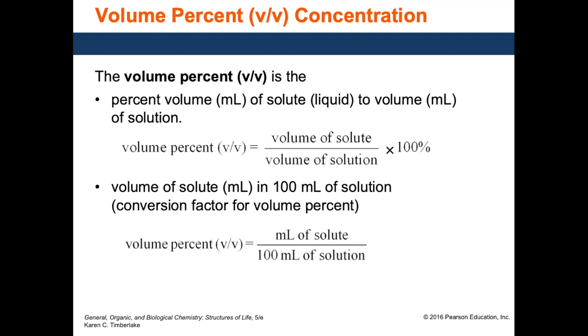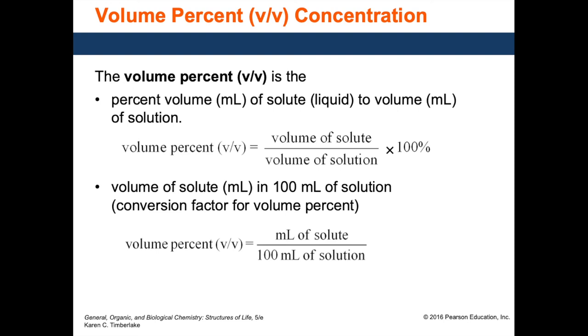Now, in both the cases of mass and volume percentages, it actually doesn't matter what units we use for our mass or volume. For mass, we can use kilograms, we can use grams. If you really wanted to, you could even use non-metric units like ounces or pounds. Likewise, for percentage by volume, we can use milliliters, we can use liters, we could use non-metric units like ounces or gallons, whatever other English units involve volume.